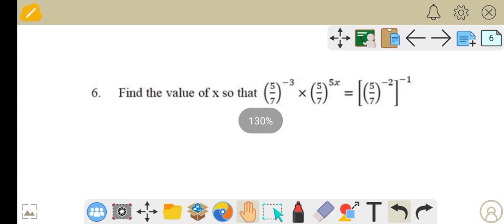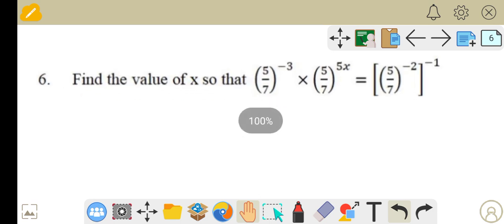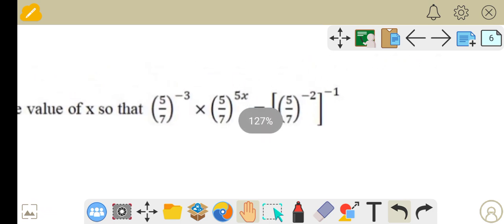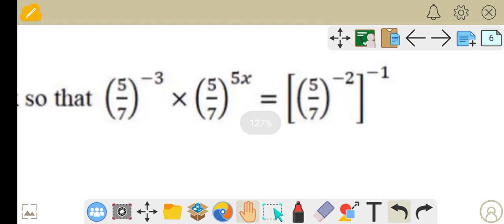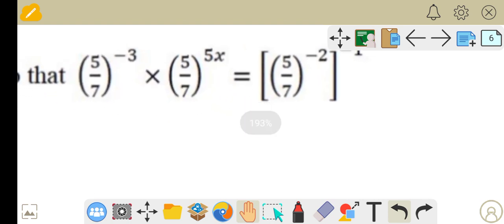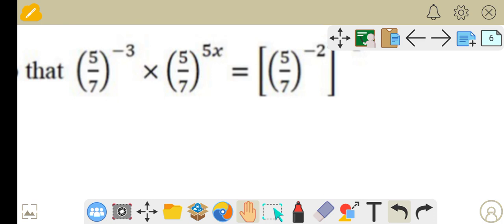Now the next question, find the value of x so that the given equation holds. Again the same situation: in the left term we have two terms, so we need to simplify them by using the appropriate law.